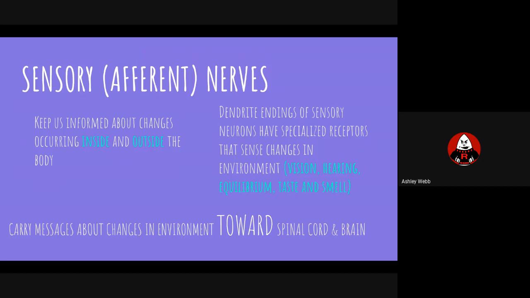The dendrite endings of the sensory neurons have receptors that can sense changes in the environment: your vision, your hearing, your equilibrium, taste, and smell. The sensory or afferent nerves take those messages from some sort of change in the environment and send them toward the brain and spinal cord.